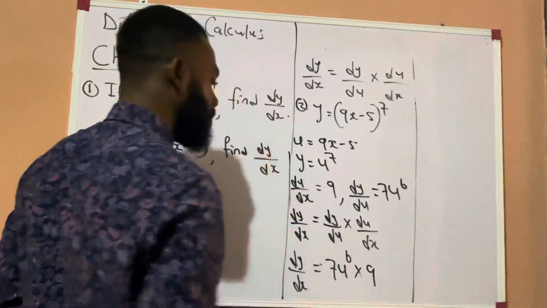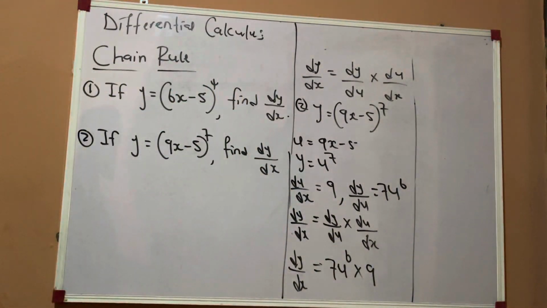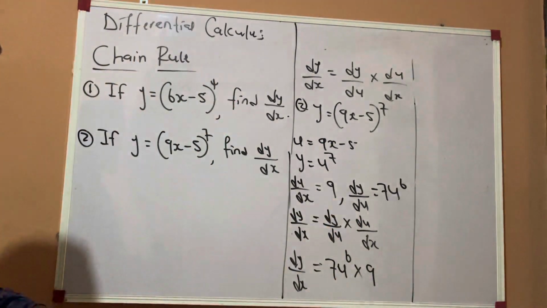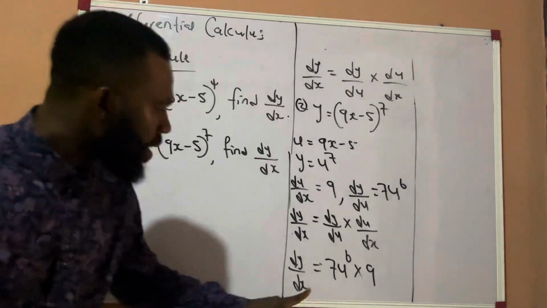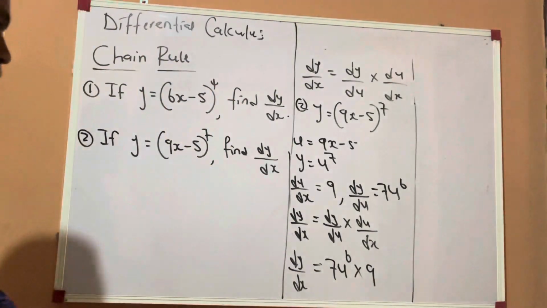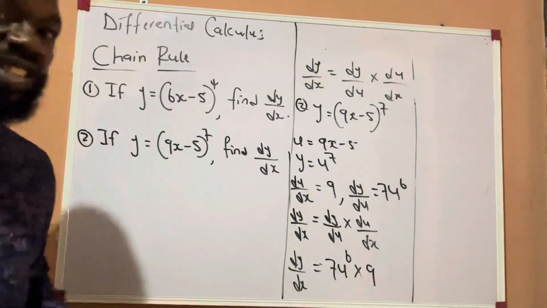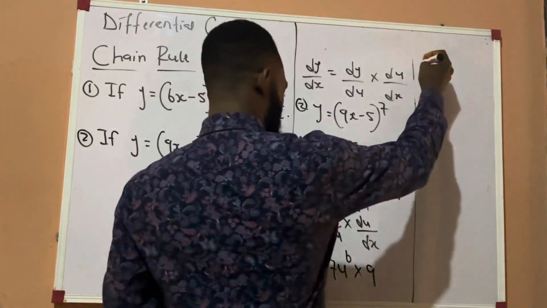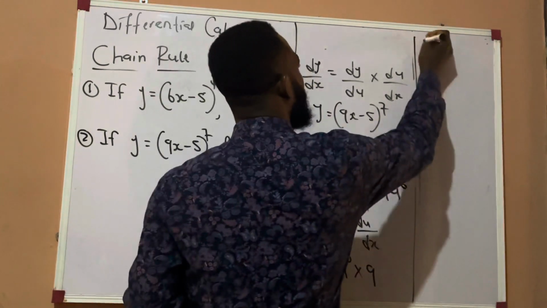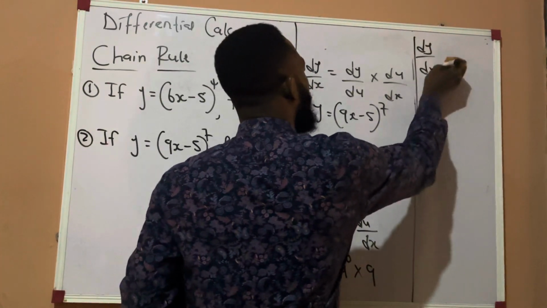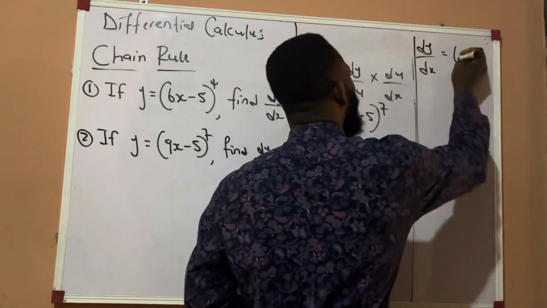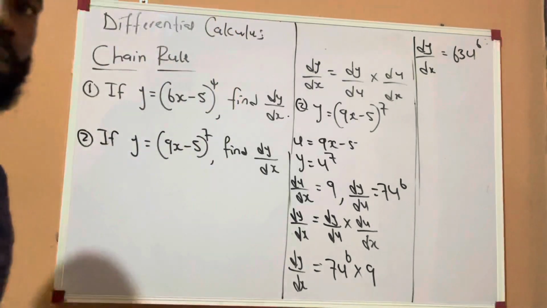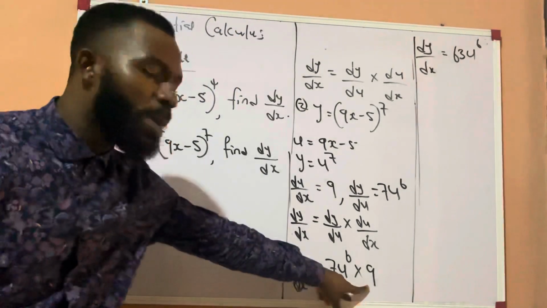Now, 7 times 9 will give us 63. Now, we are going to have dy over dx is equal to 63u raised to the power of 6.